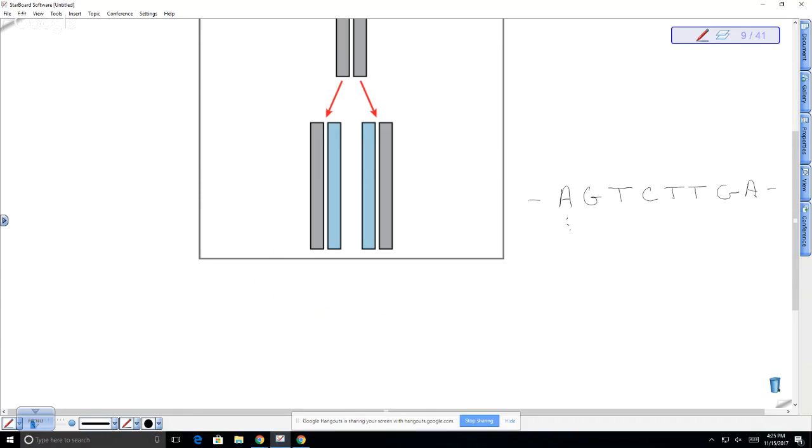So A, based upon Chargaff's rule, always pairs with T. G always pairs with C. A, C, A, C, T. Okay, so if given one strand, you should be able to give me the complementary strand of DNA molecule. And that is what is referred to as DNA replication.